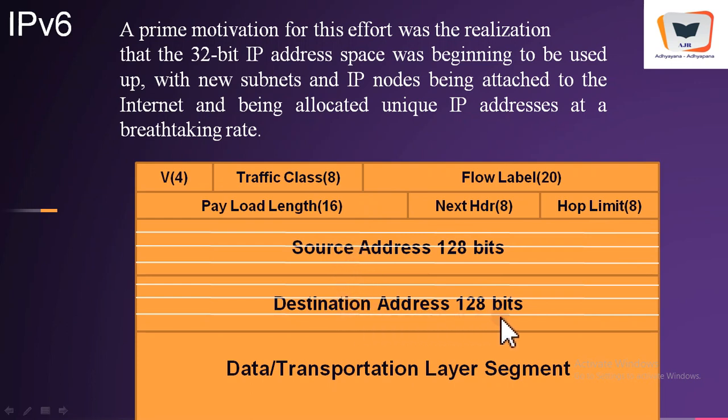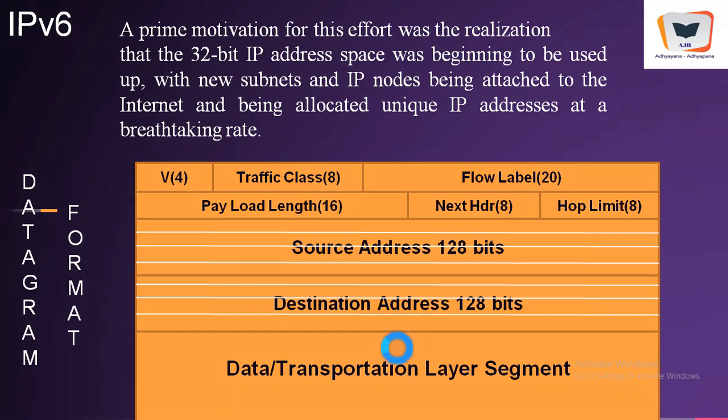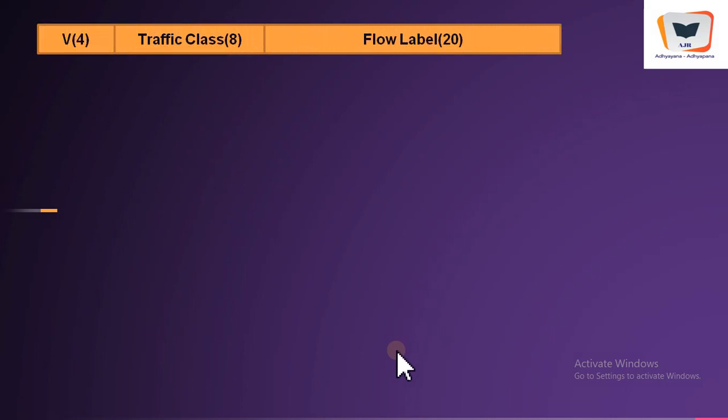And destination address 128 bits, 32, 32, 32, 32. Okay, so 16 bytes. This is the datagram format anyway. Data, and the remaining portion is the data, the transportation layer segment. We'll explain each and every field with reference to its functionality, its semantics and syntax.